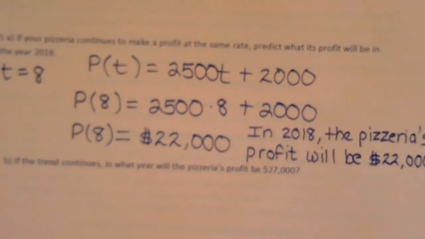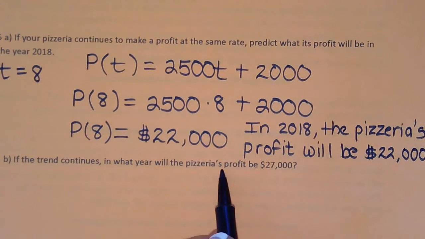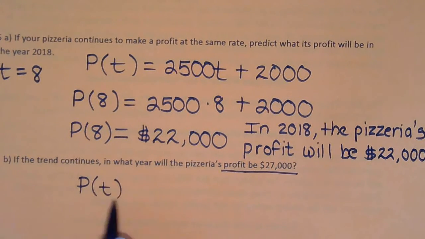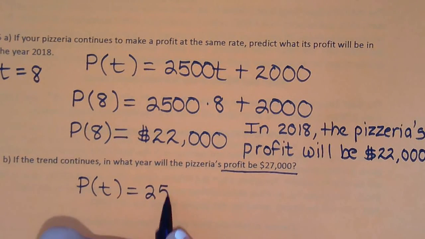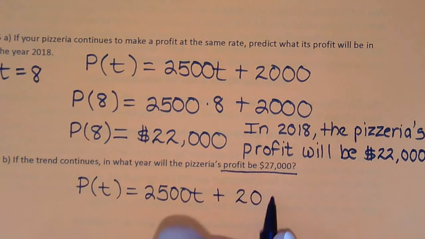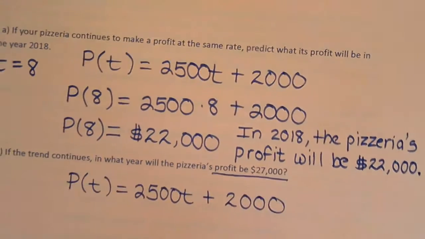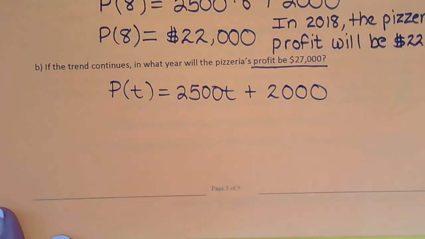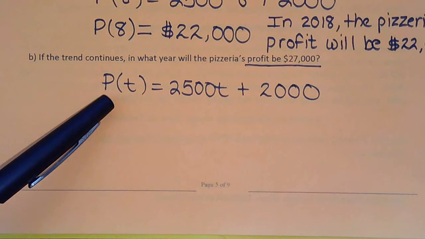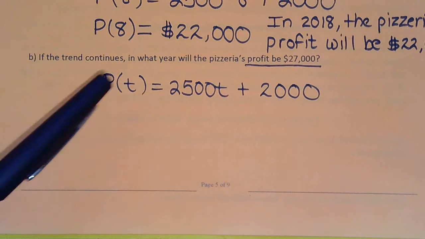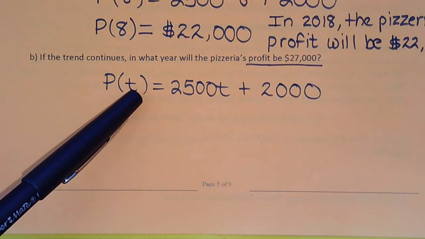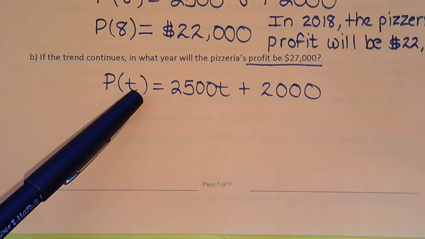Okay, if this trend continues, in what year will the profit be 27,000? So I always know anytime they're asking us for missing values, that we're going to go back to the equation. So that's my first thing. So now I look and go, 27,000, is that my P or is that my T? P is profit, T is time, years since 2010.